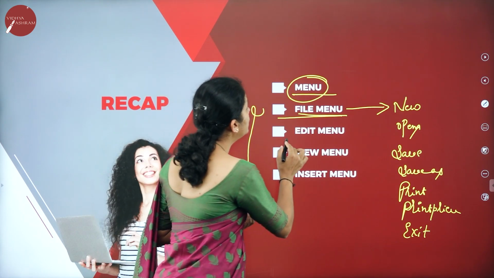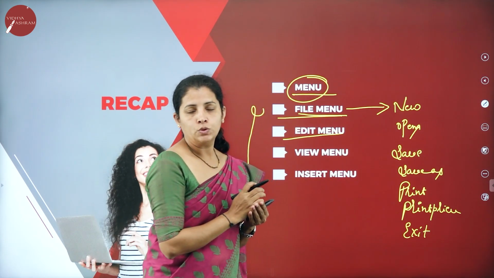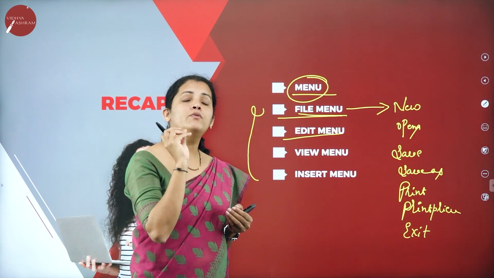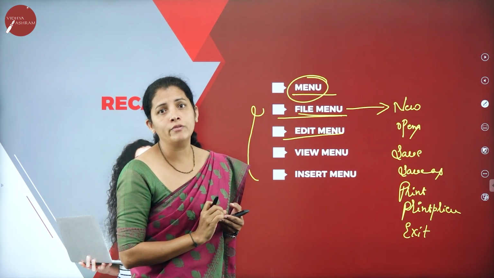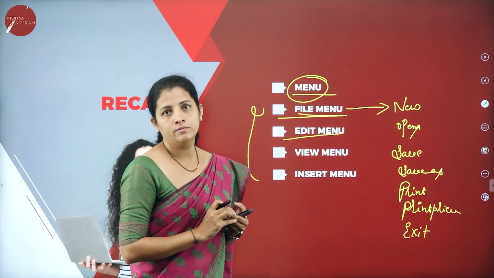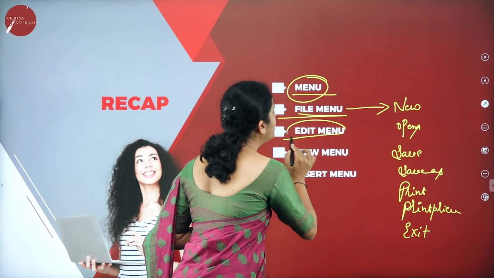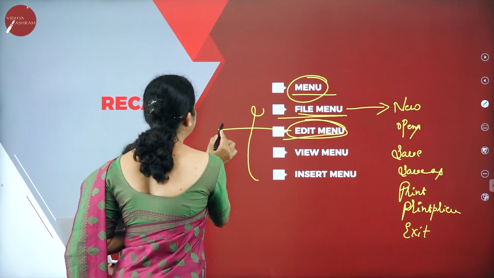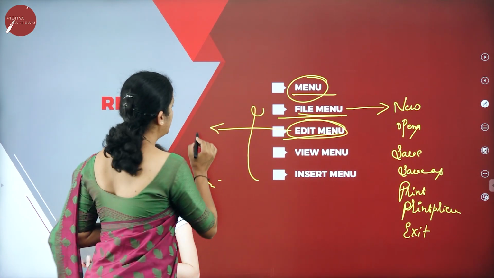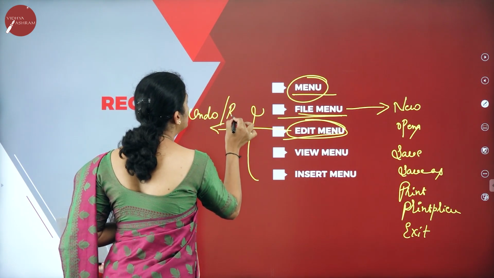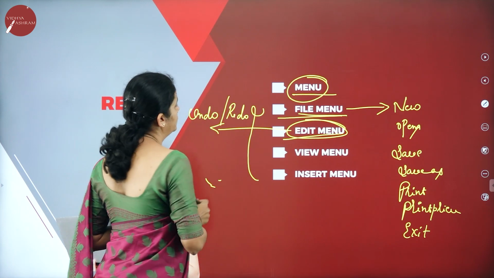Then moving on to the edit menu. The name itself indicates that here you can perform different kinds of editing options on your worksheet. So what are the different editing options I'm going to get here? That is undo or redo.